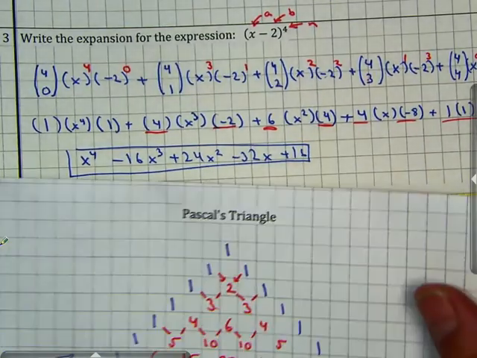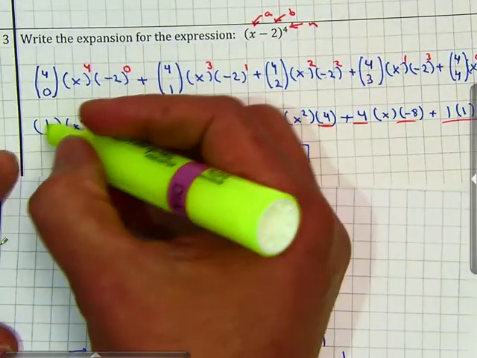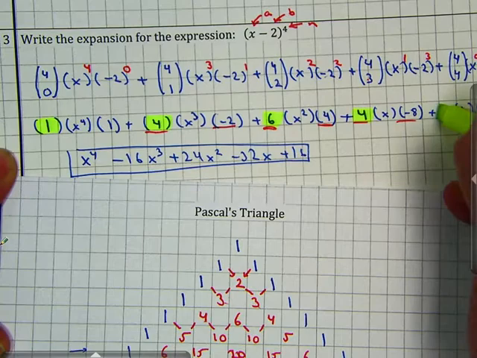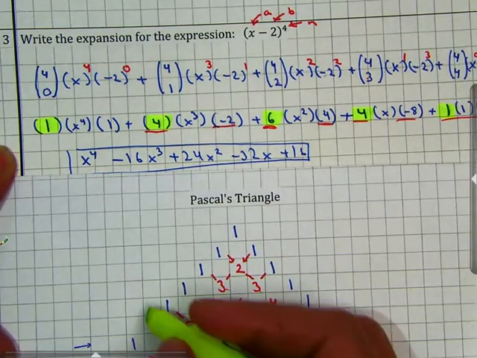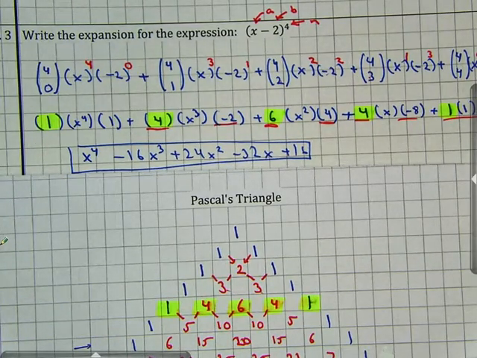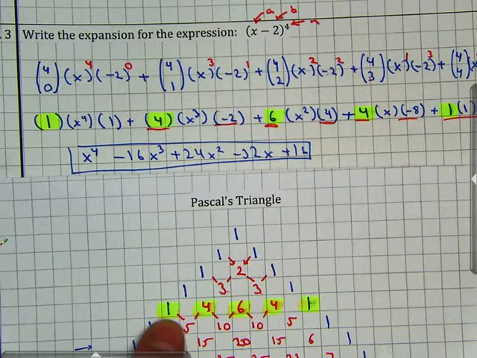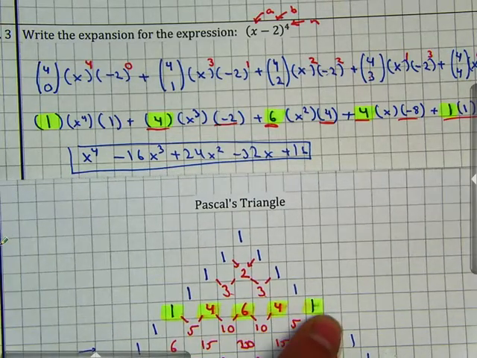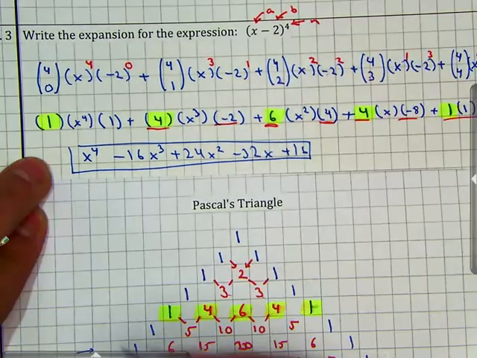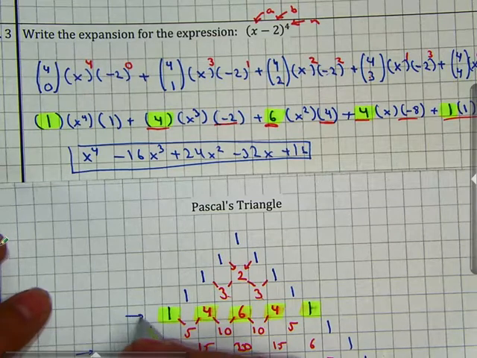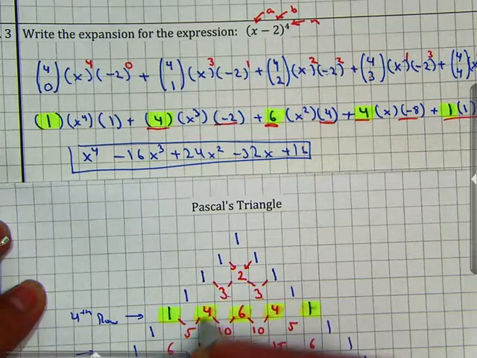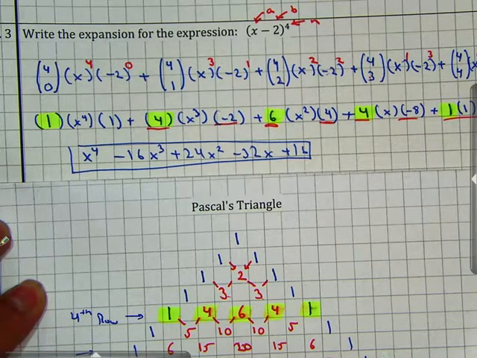On example number 3, your coefficients are 1, 4, 6, 4, and 1. And they're located here. 1, 4, 6, 4, and 1. So there's some books that will actually, instead of using the combination, just write down 1, 4, 6, 4, and 1. And we are using that row because your n is 4. So therefore, this is your 4th row. Or this is your 2nd row, 3rd row, 5th row, 6th row, 7th row, and 8th row, and so on.